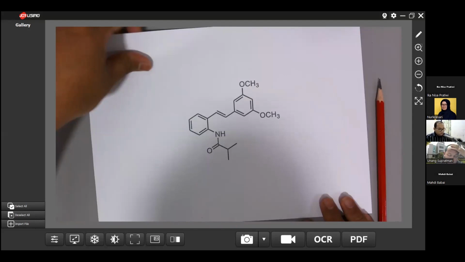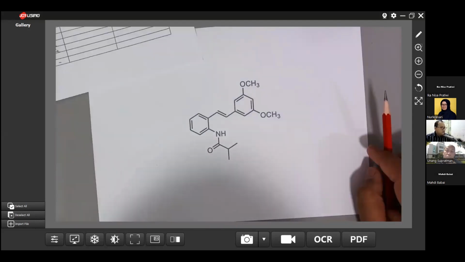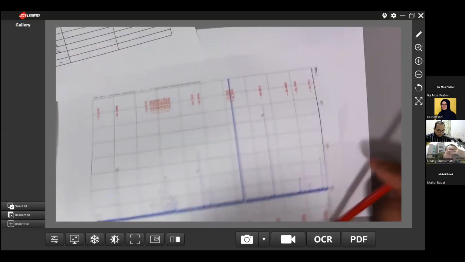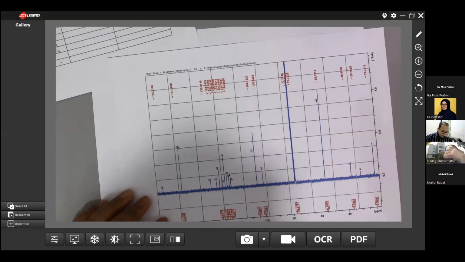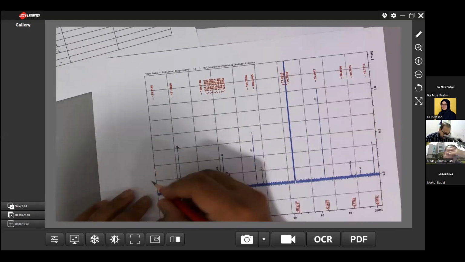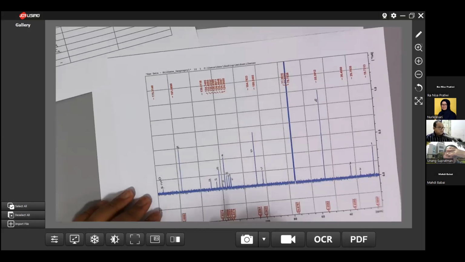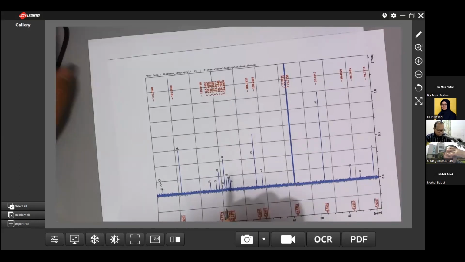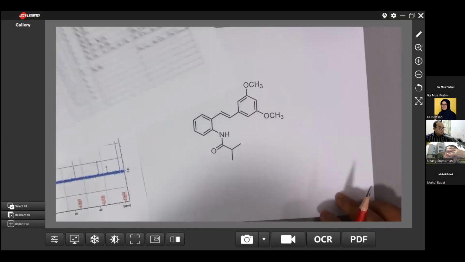So in carbons, if you refer to the table that we studied before, we know this one is a carbonyl. So this is the keyword, the carbonyl. So we know this one is carbon number 17.